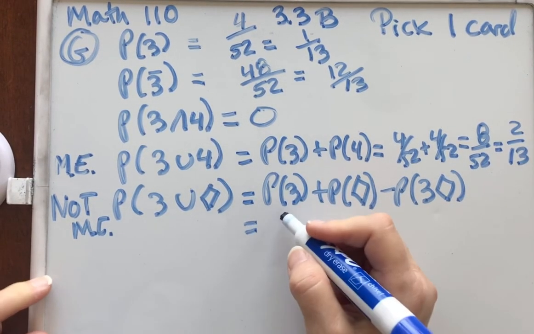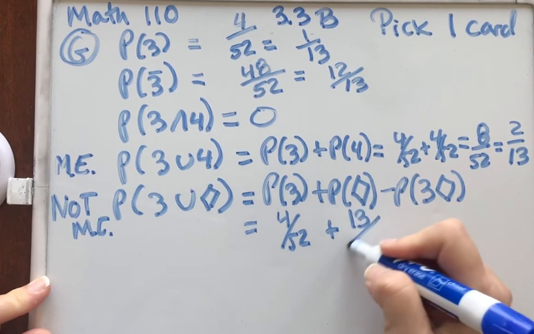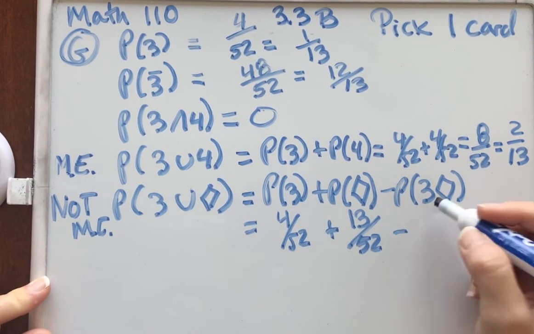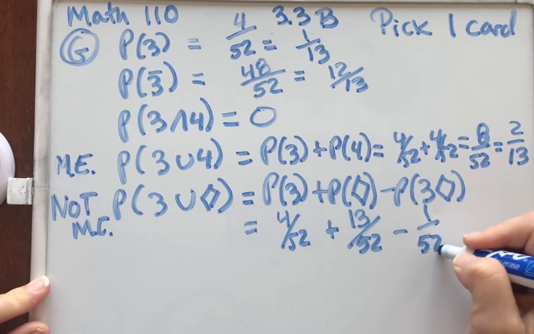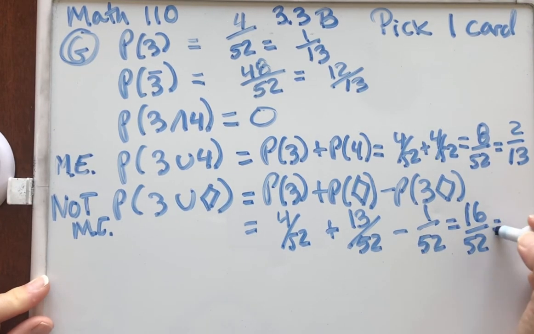Okay, so probability of 3 is 4 out of 52. Probability of diamond is 13 out of 52 minus the 3 of diamonds, which is 1 out of 52. And we get a total of 16 out of 52. And that reduces to 4/13.